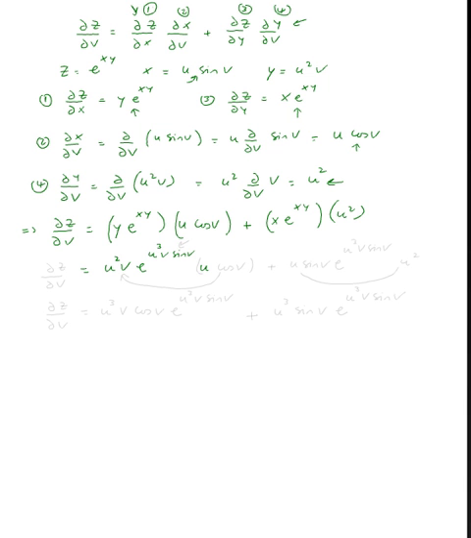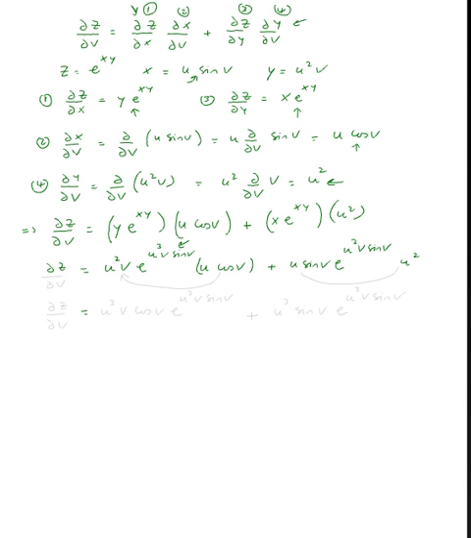Now this is going to be u cosine of v plus, now the x is u sine v, and then that we did earlier, same thing, so it's u cubed v sine of v times u squared. We're done.